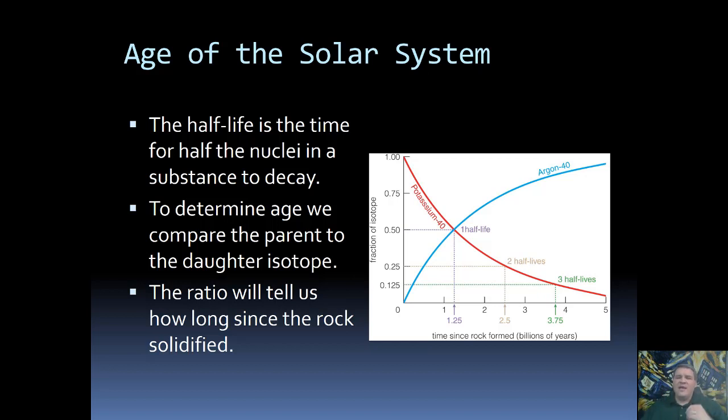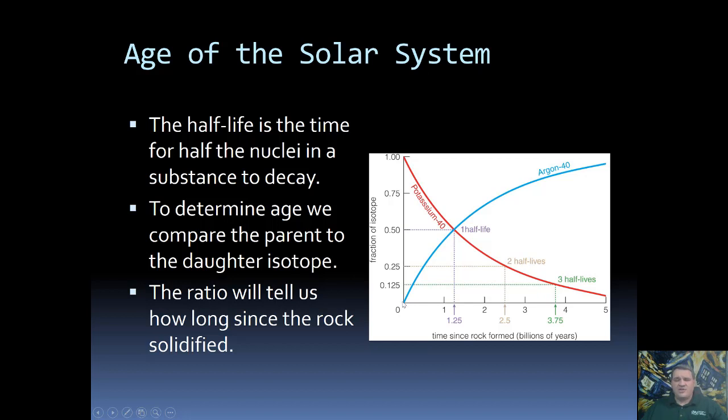So, for an example, in this graph, we are looking up and down at the percentage of potassium-40 to argon-40. Potassium-40 is the parent, and it turns into argon-40, the daughter. So at the very beginning, we have all potassium and no argon. This shows that we've gone through absolutely no time yet.